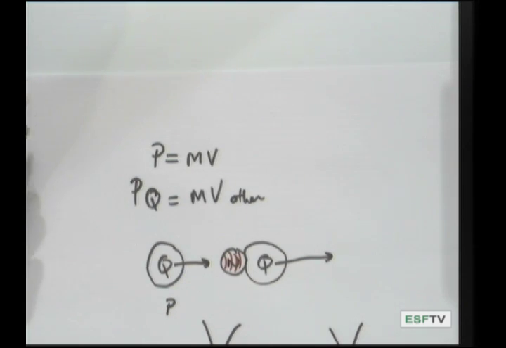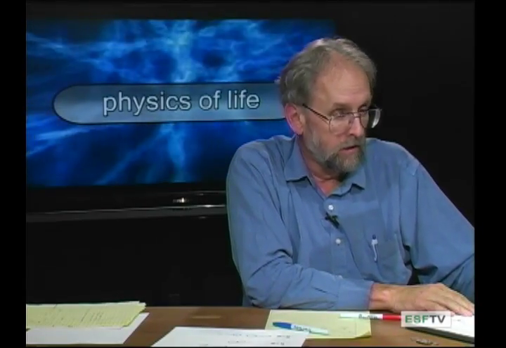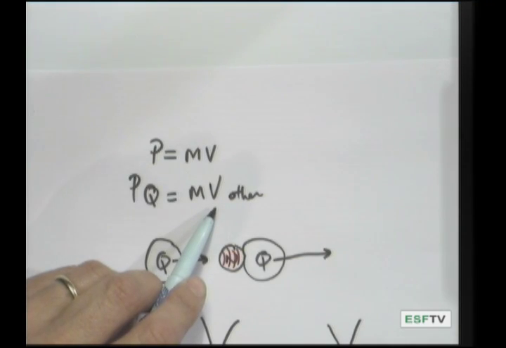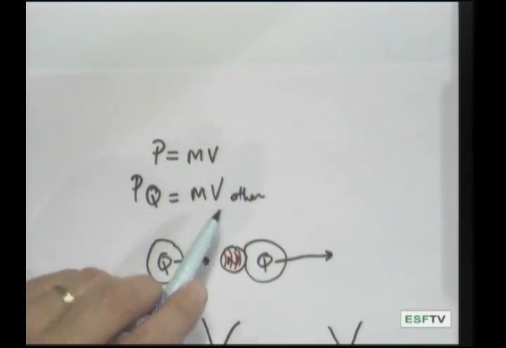If the other coin is a quarter, the momentum will come out as a velocity that's identical to the velocity of the quarter coming in. On the other hand, if you have a dime, which weighs about half, the velocity that emerges from the momentum imparted to it by that moving quarter is going to be about twice that of the quarter.